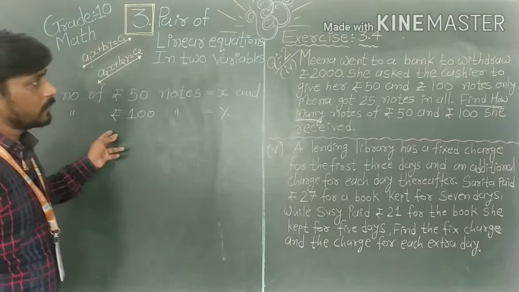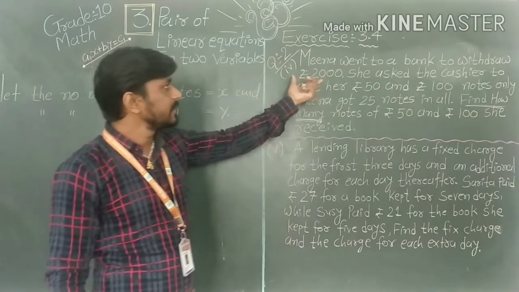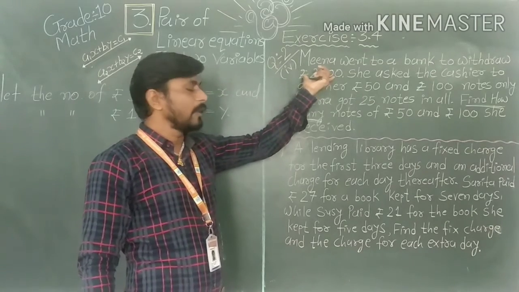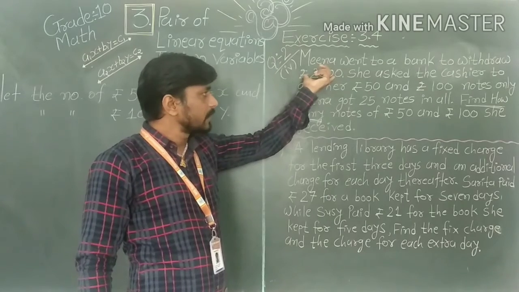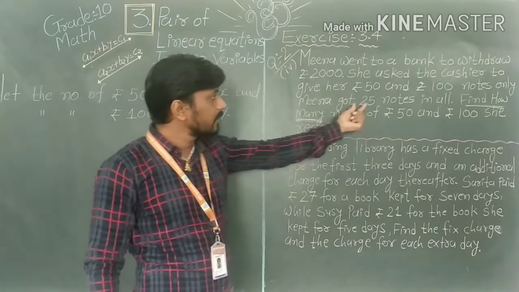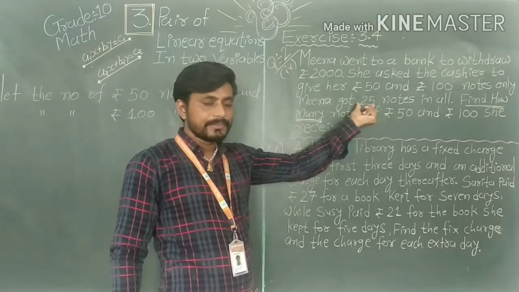Now, how much is the total money? 2000, and the total number of notes is 25.